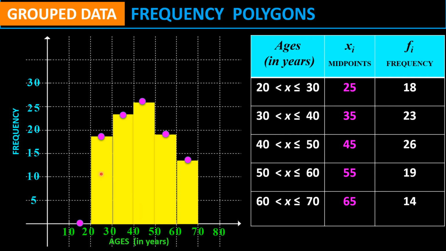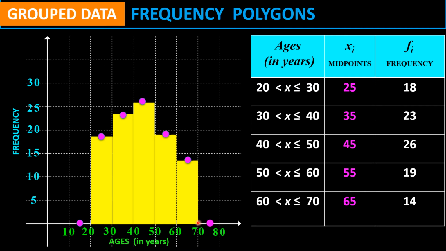But because of the polygon, we also need to have a point on the horizontal axis. So we take the interval before 20 to 30, which would be from 10 to 20. I find that midpoint, and I need to anchor it there. And then from between 70 and 80, I also need to have a point there.